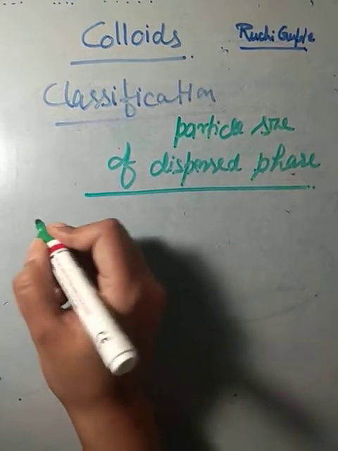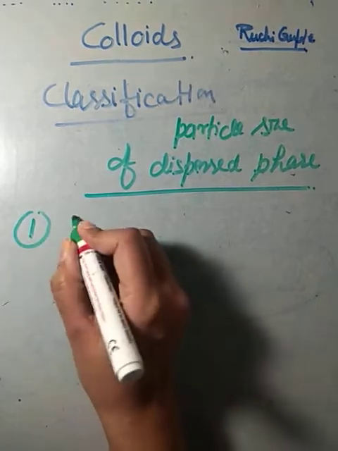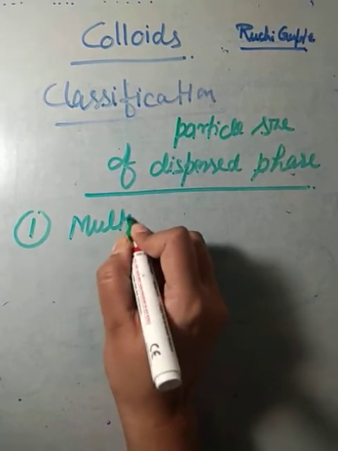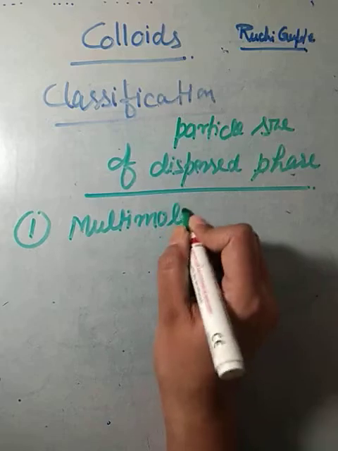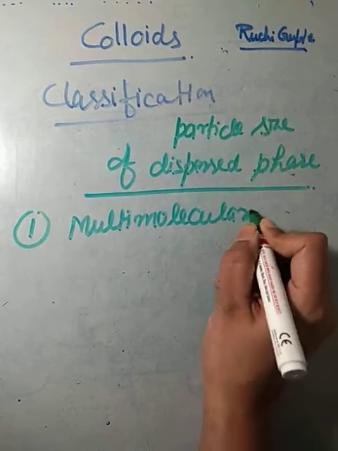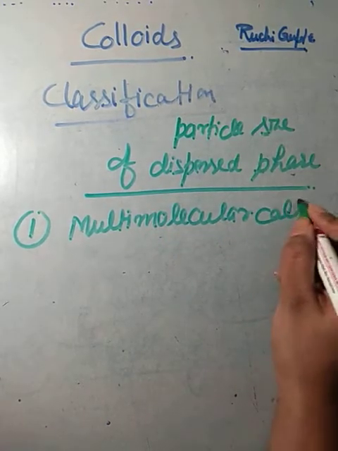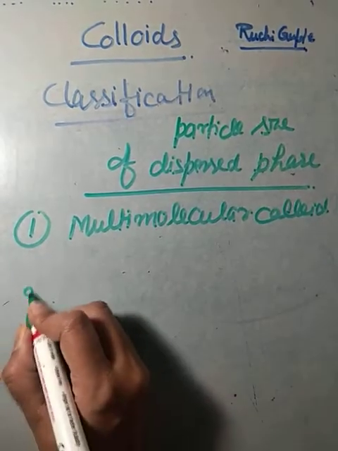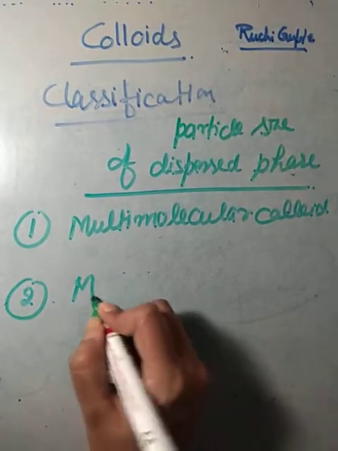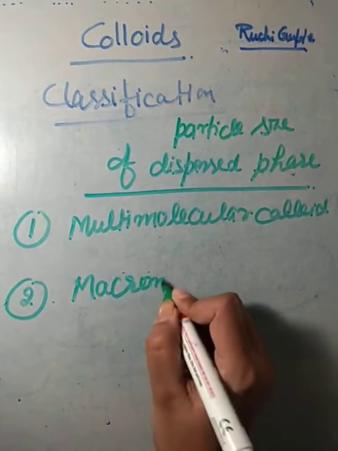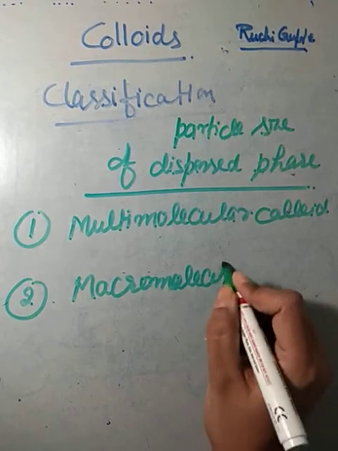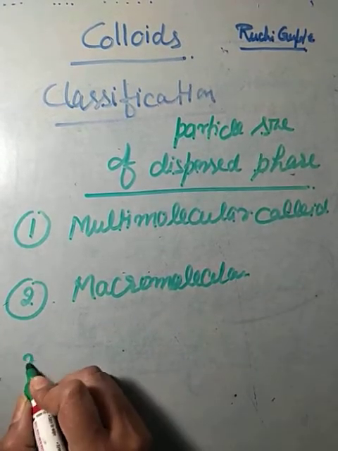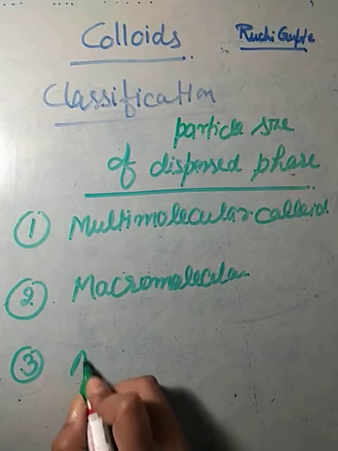Okay, so it is of three types. First is called multimolecular colloid. Second is called macromolecular colloid. And the third one is called associated colloid.